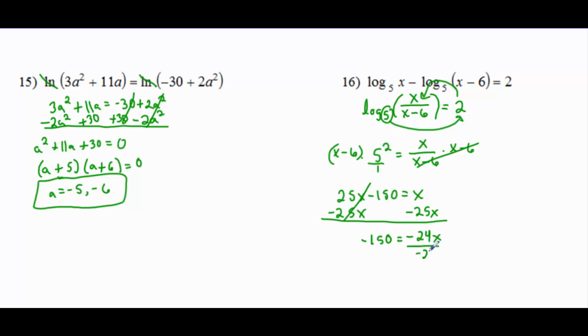Divide by negative 24. X equals, the negatives cancel, and we can simplify this by 6, I think. We get 25 over 4 when we simplify. Or you could write that as a decimal if you wanted to, whichever.